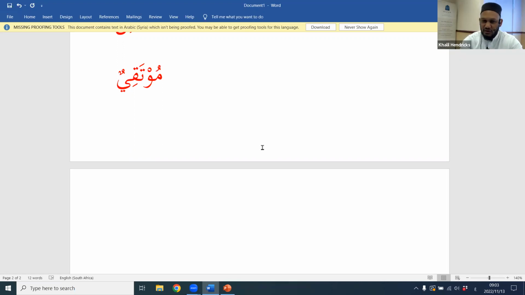What they do in this case, they can't just drop the waw because there's no reason to drop it. So they combine the waw and the ta into one. The waw goes into the ta, and then the ta gets a shadda to show you that there was a waw there. Because remember, a shadda is a letter with a sukoon and a haraka.